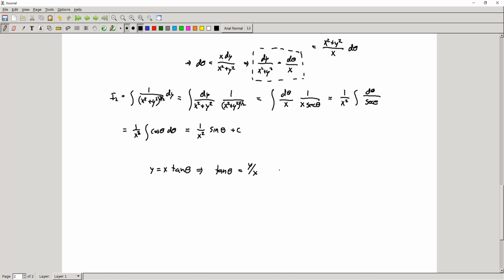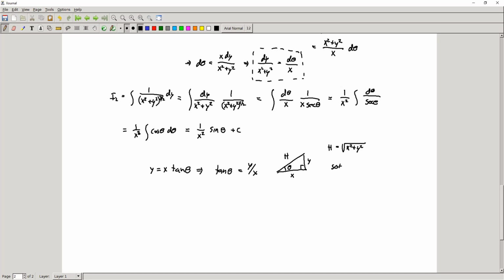If this is a right angle triangle, and this is our x, and this is our y, and this is our theta, and this is our hypotenuse, then first we know that h is equal to the square root of x squared plus y squared, right?